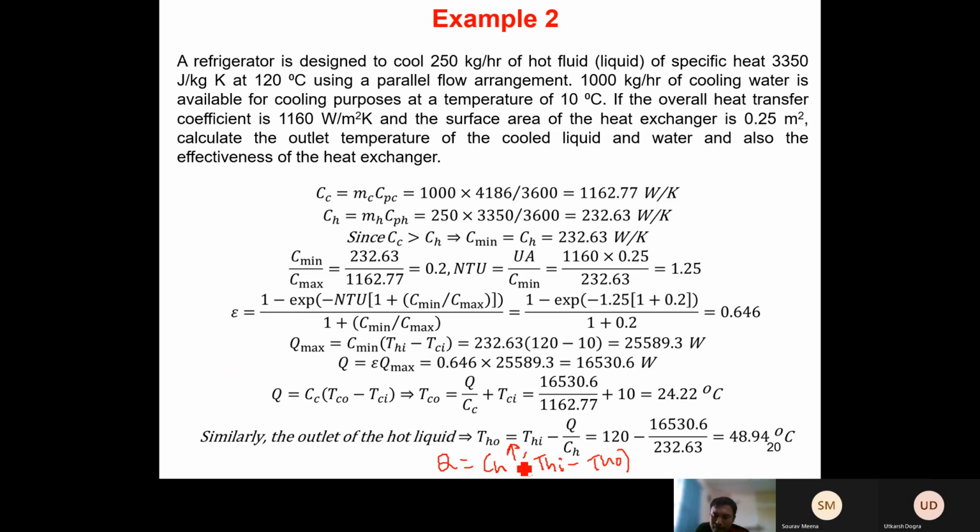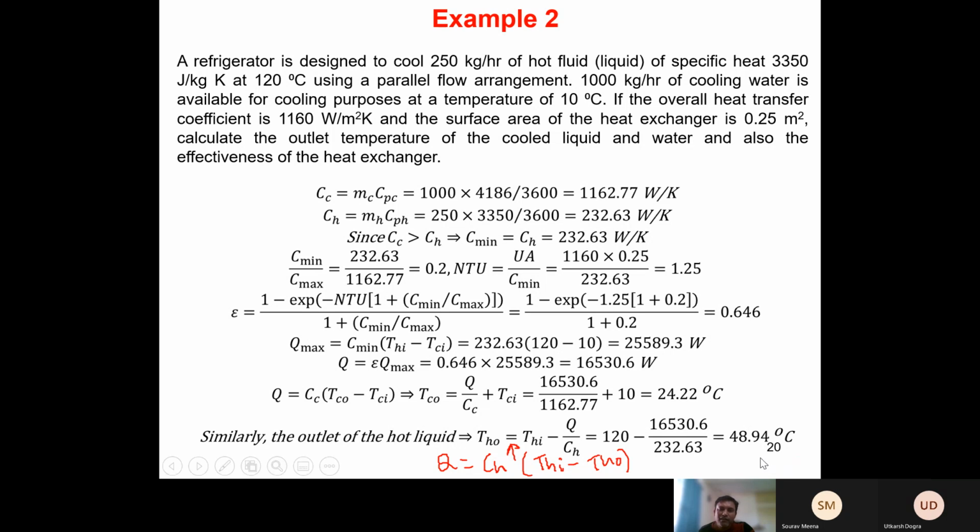Correct? Yes or no? Is there any question? So with this equation, we can obtain the outlet temperature of the hot fluid. So outlet temperature of the hot fluid comes out to be 48.94. We started the hot fluid temperature of 120, but it cooled down to 48.94 degrees Celsius.